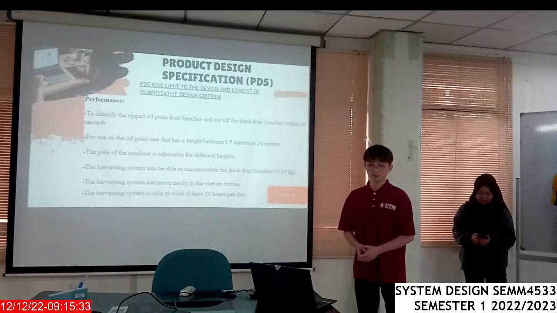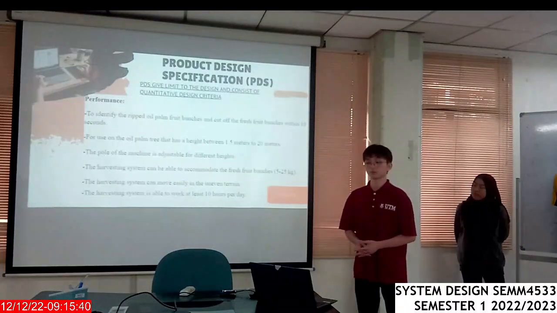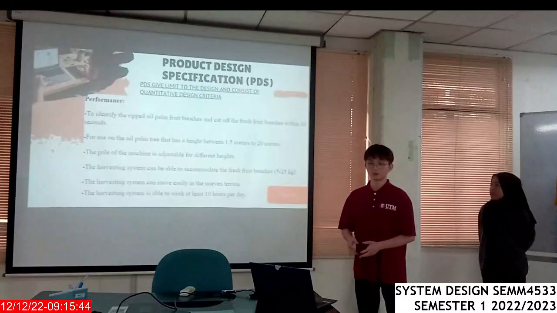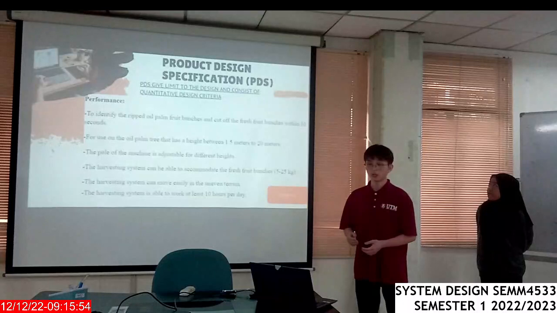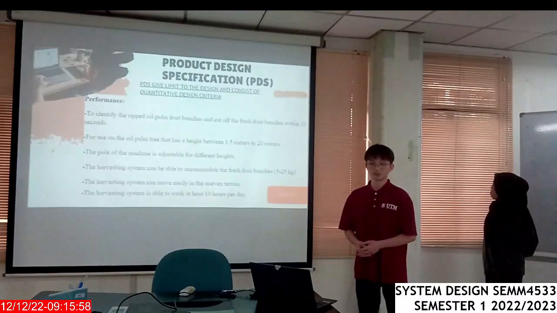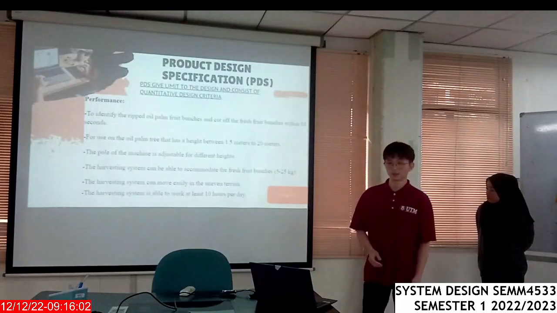The harvesting system of our design can accommodate FFP in the range of 5 to 25 kilograms. And because we will use our design in the oil palm land, we have to make sure that our system can move easily in uneven terrain. And we will make sure our system is able to work at least 10 hours per day.